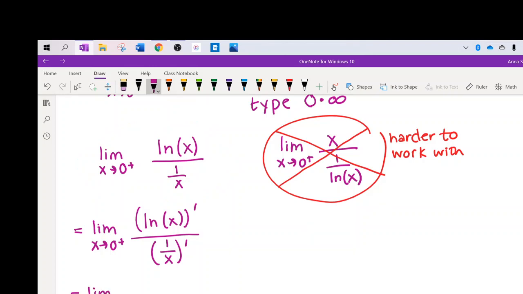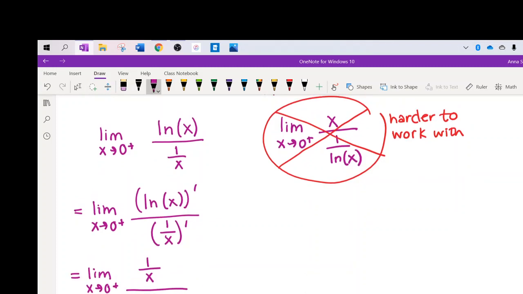So now we have the limit as x approaches 0 from the right of 1 over x, the derivative of ln of x, and then the derivative of 1 over x is negative 1 over x squared. Actually, sorry, let me go back one step, because I didn't verify that this is type infinity over infinity or 0 over 0.